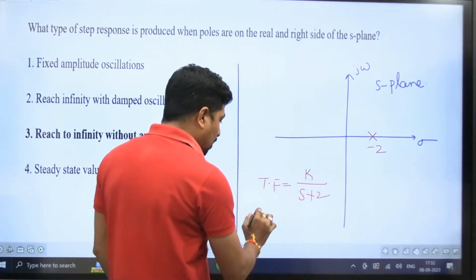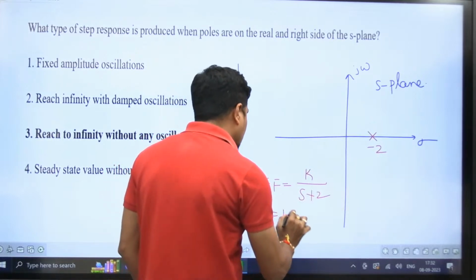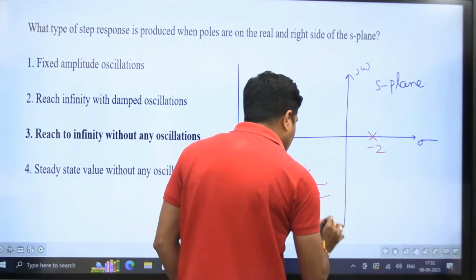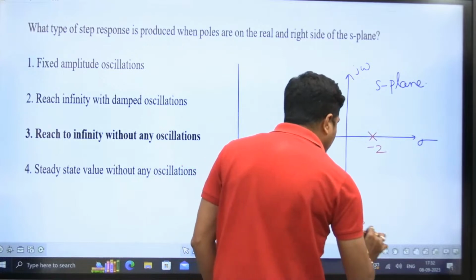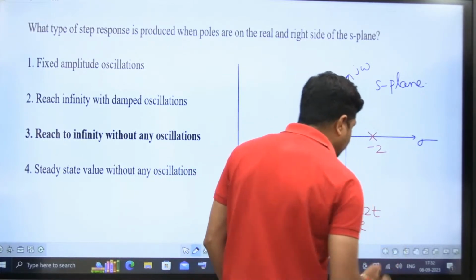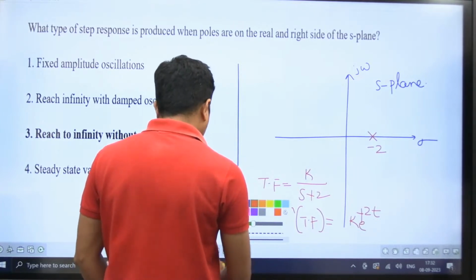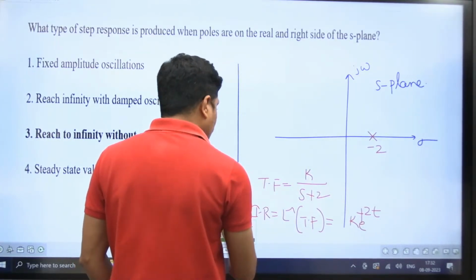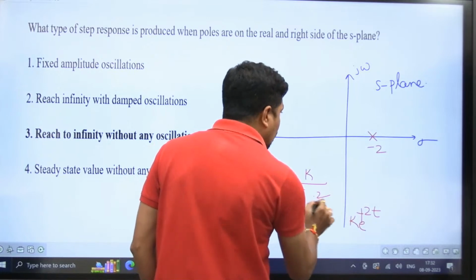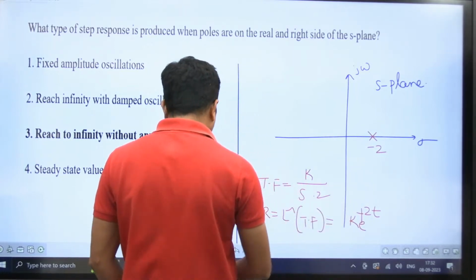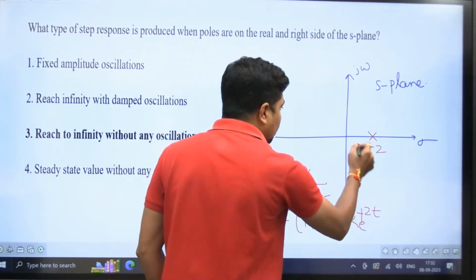Then what is its impulse response? The impulse response is the inverse Laplace of the transfer function, that is equal to k times e to the power minus 2t. Sorry, that is minus. Why? Because this is a plus. On the right side means it is plus. Right side plus. This is 0.